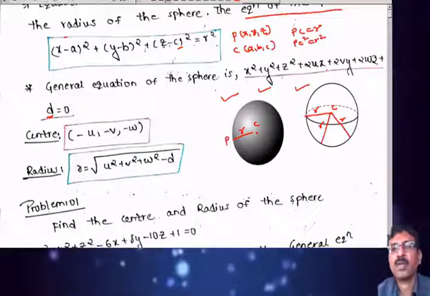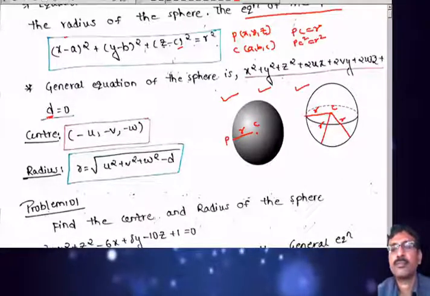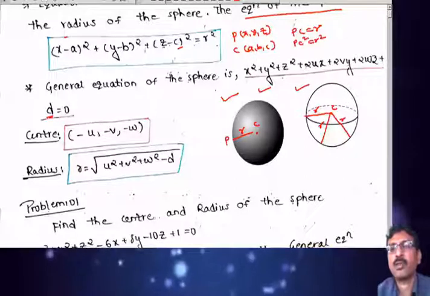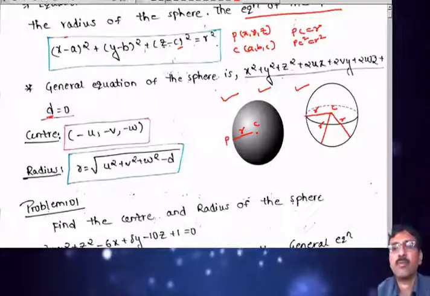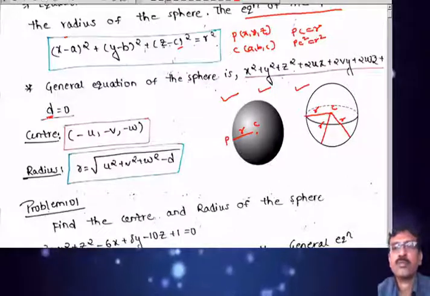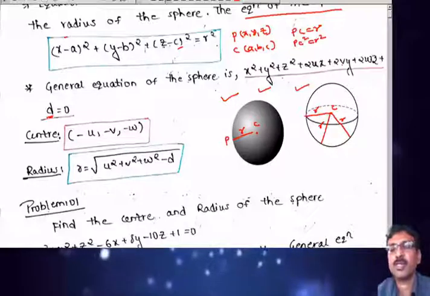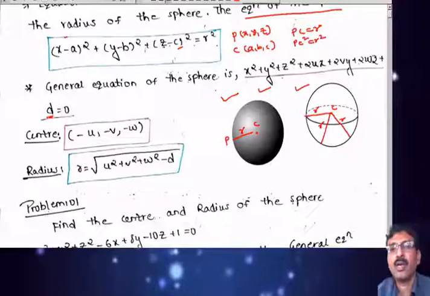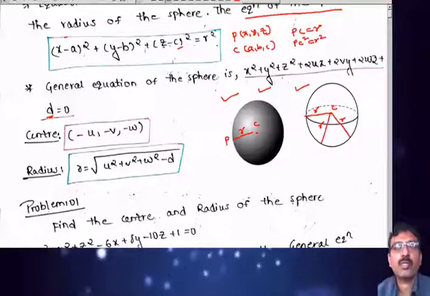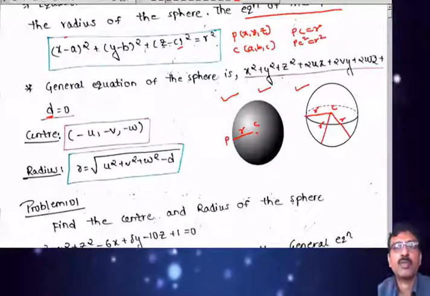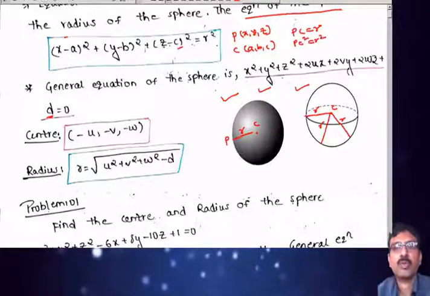Why? Because in the general form of the equation, having the symbols in plus looks like a very comfortable way. That's why minus a is replaced by u, minus b is replaced by v, and minus c is replaced by w. For the constant term, we get a square plus b square plus c square minus r square.